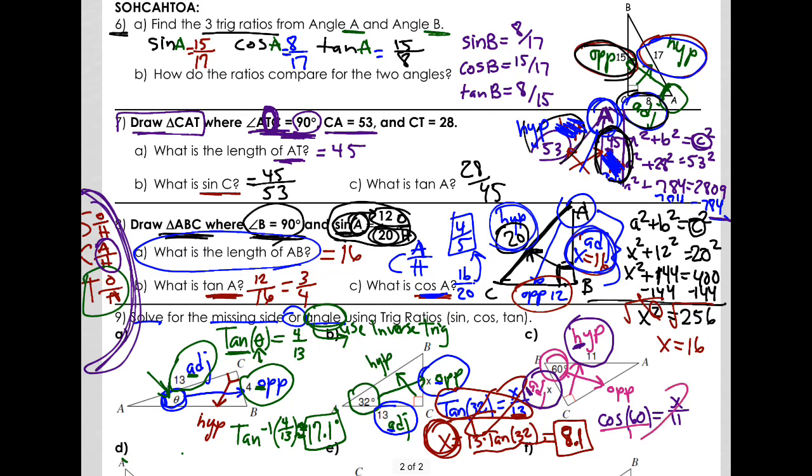So we have 1 times x, which is just x, equal to 11 times the cosine of 60 degrees. X is already by itself on the left side of the equal sign, so now we can just put in 11 times the cosine of 60 in the calculator. That gives us about 5.5. So final answer is 5.5.